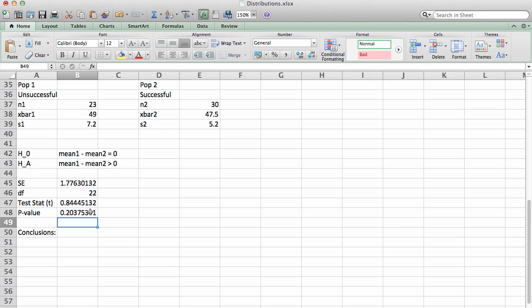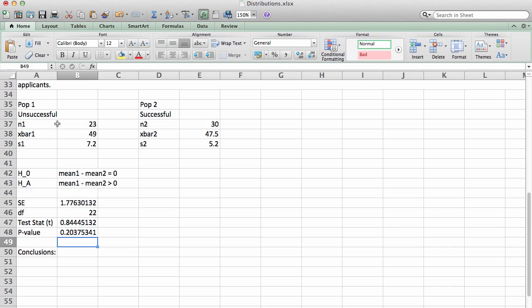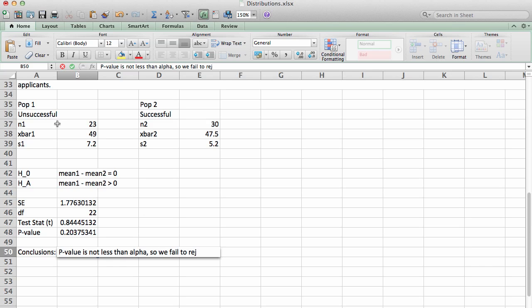0.2 is huge, that's 20%. That is not smaller than my 10% significance level. So the p-value is not small enough. P-value is not less than alpha, so we fail to reject our null hypothesis.